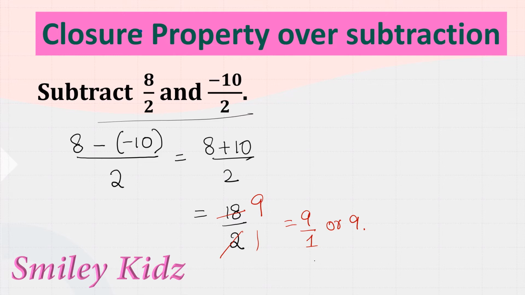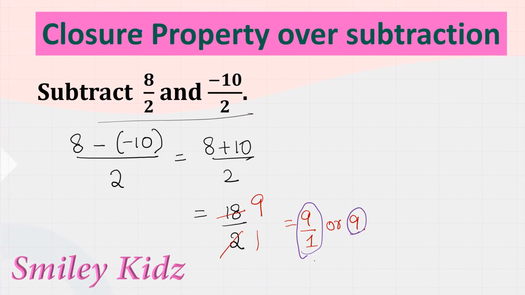So, is 9 by 1 or 9 a rational number? Yes, it is. 9 by 1 or 9 is a rational number. So, rational numbers are closed under subtraction too.